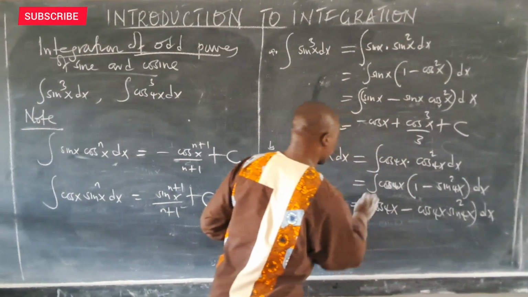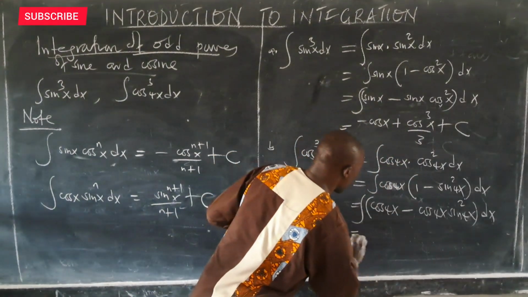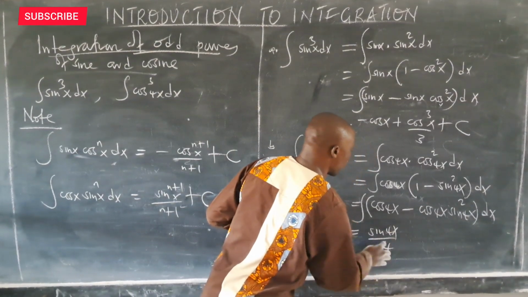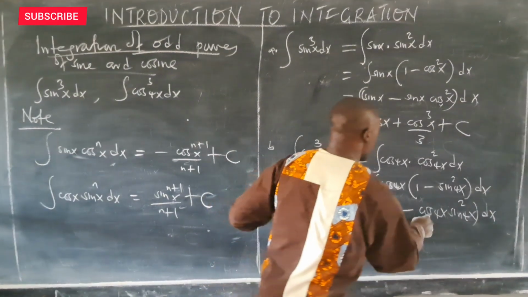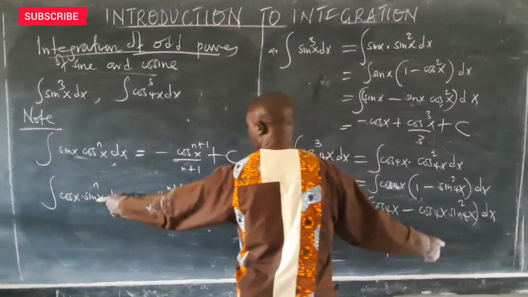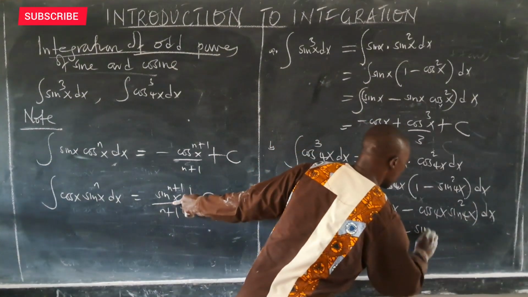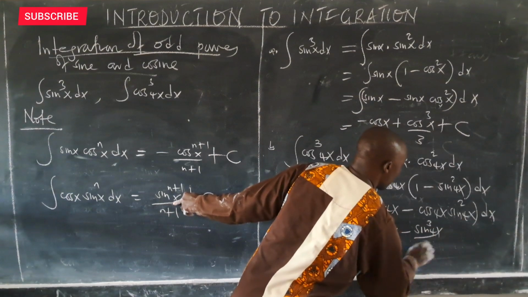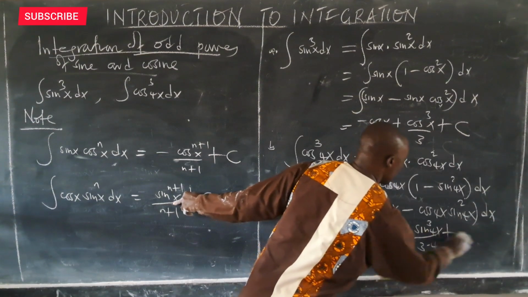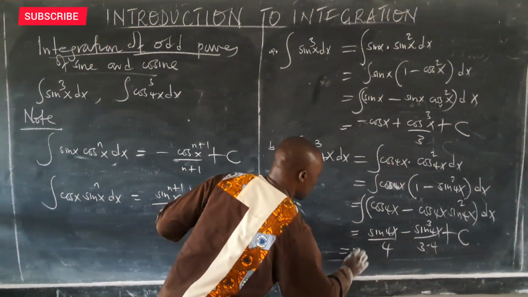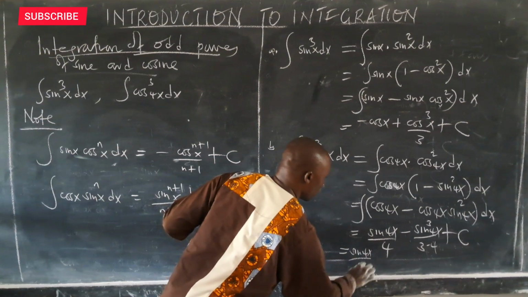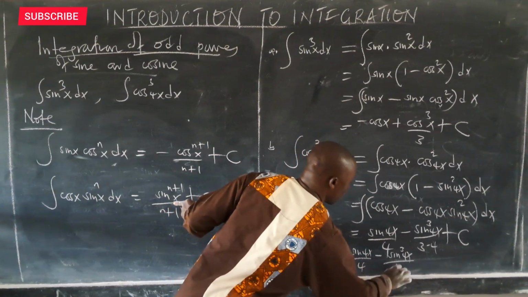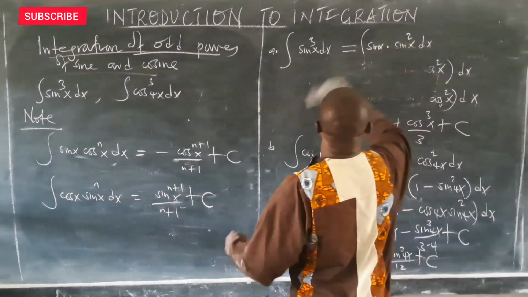The integral of cos becomes sine 4x over 4, the derivative of the angle here being 4. Minus cos 4x, we dump into this, so this gives us sine to the power 3 of 4x over 3, but times the derivative of the angle, which is 4. So that gives you ideally sine 4x over 4 minus sine cubed 4x over 12 plus a constant.